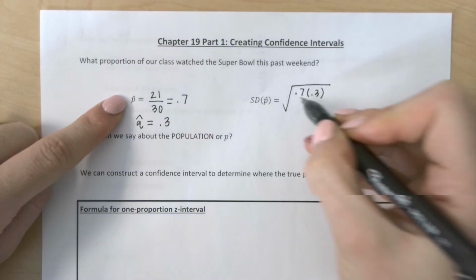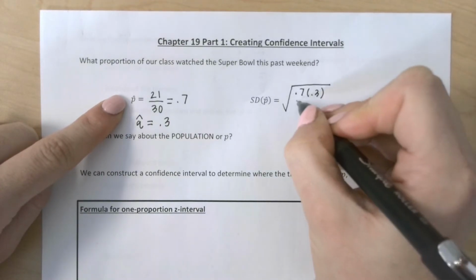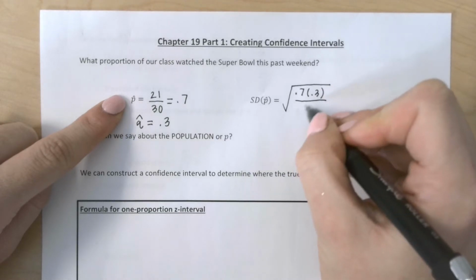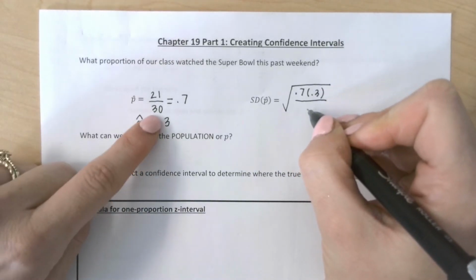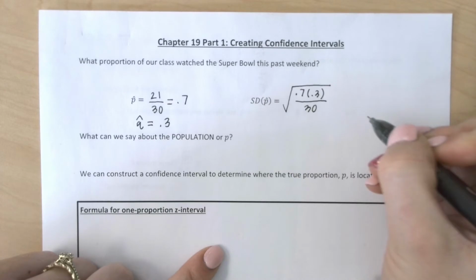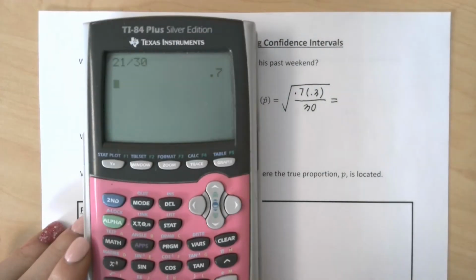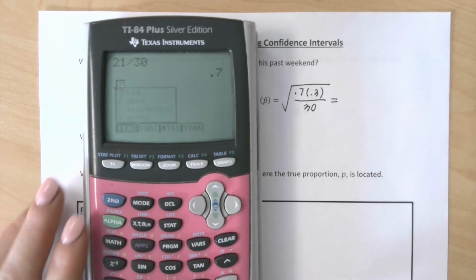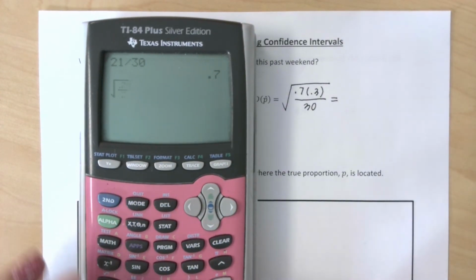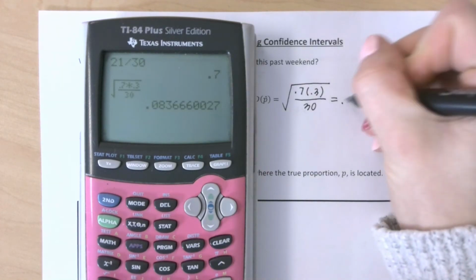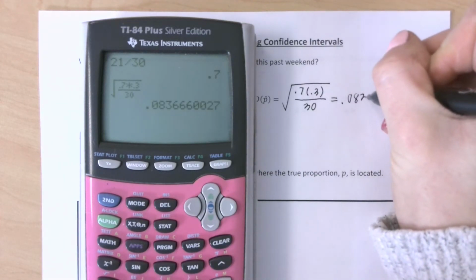So I'm doing P hat times Q hat, and I'll divide by my sample size, which was 30 students. Okay, so we'll go ahead and type this in. And I got 0.0837.